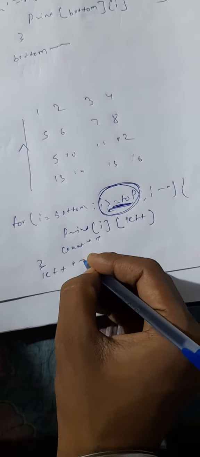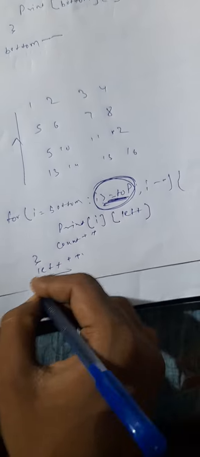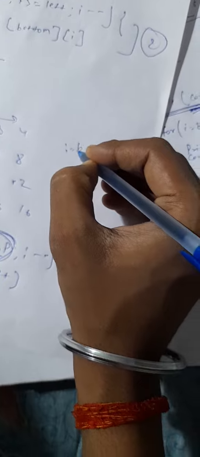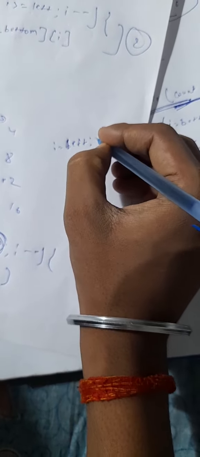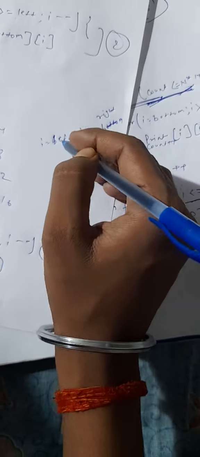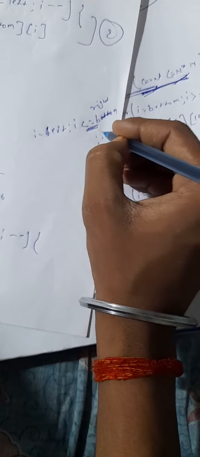Okay guys, left plus plus, and for here to here what we have to do, i equals left, i less than or equal to bottom, because bottom is always greater, no, right, because right is always greater than the left, and i plus plus.